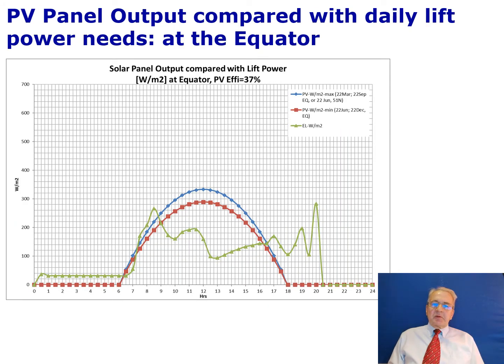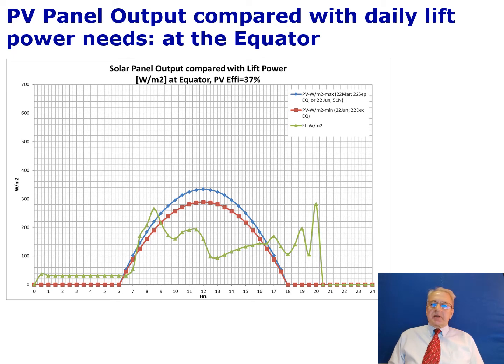Now we'll discuss PV panel outputs and we'll compare the outputs with daily lift power needs. This diagram shows the outputs of PV panels against the daily lift power needs at the equator.